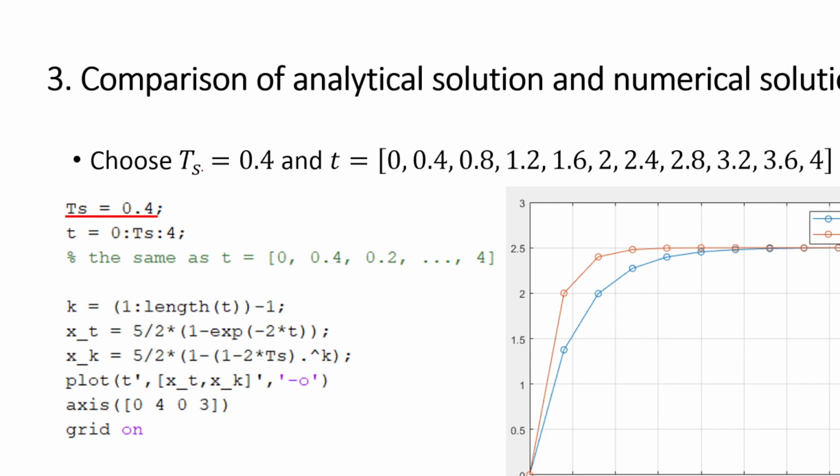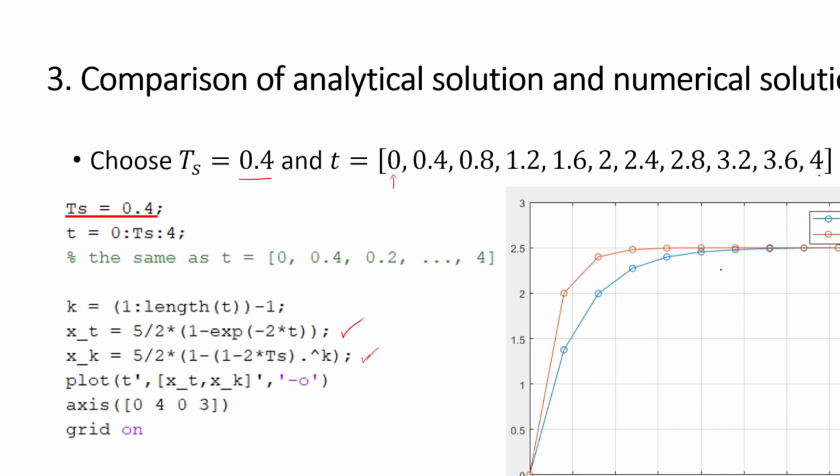First, you choose sample time 0.4, and you take the time t from 0 until 4 seconds. Okay, and so here is the analytical solution, and this one is the solution of the discrete system, which is the approximation from the original equation, right?